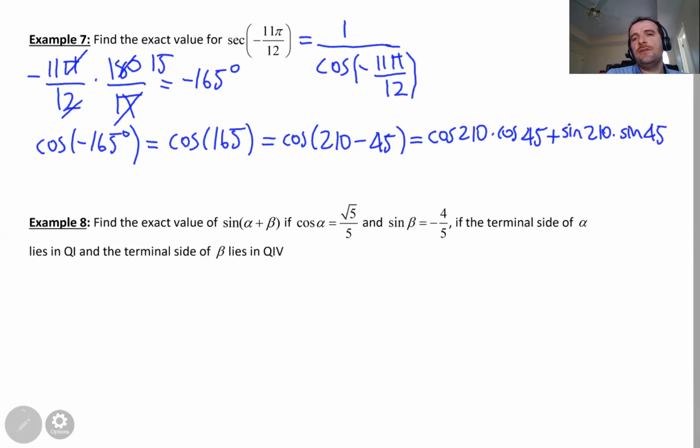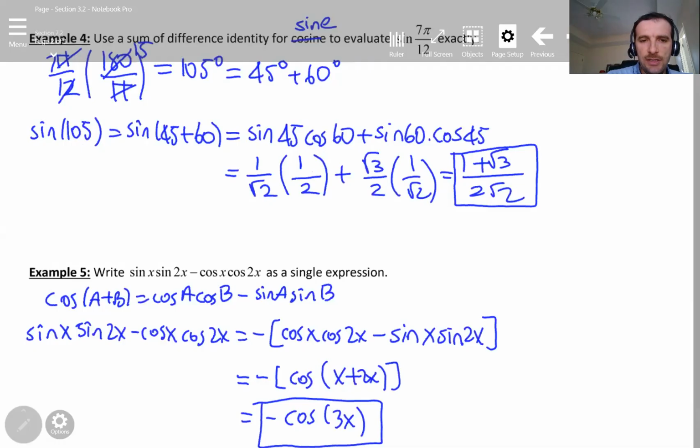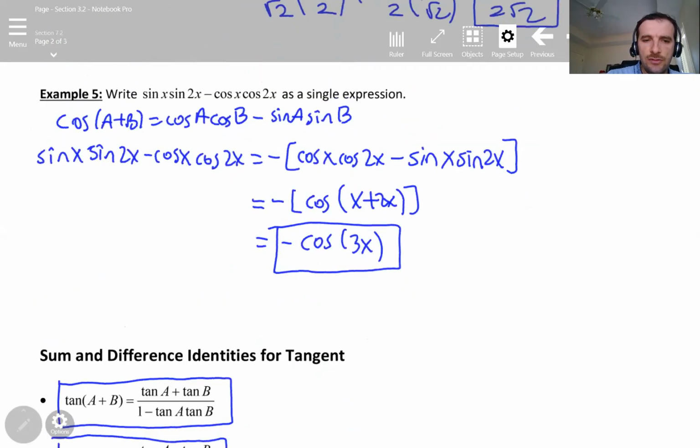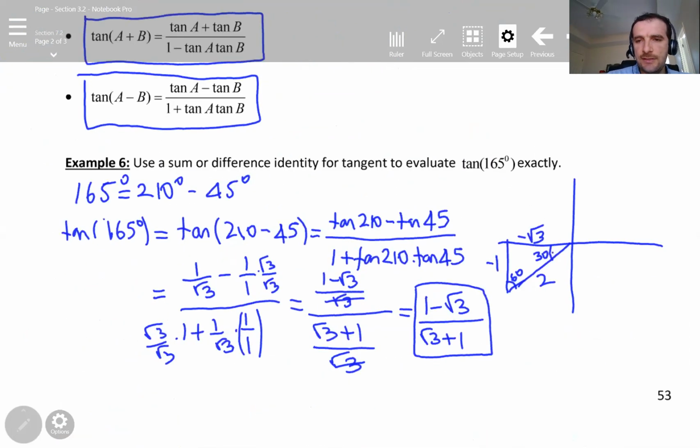So we should find what cosine 210 and sine 210 are. But we have already studied this angle in the previous page. Let me show it to you. 210 is here. So cosine of 210 is negative root 3 over 2, and sine of 210 is negative 1 over 2.